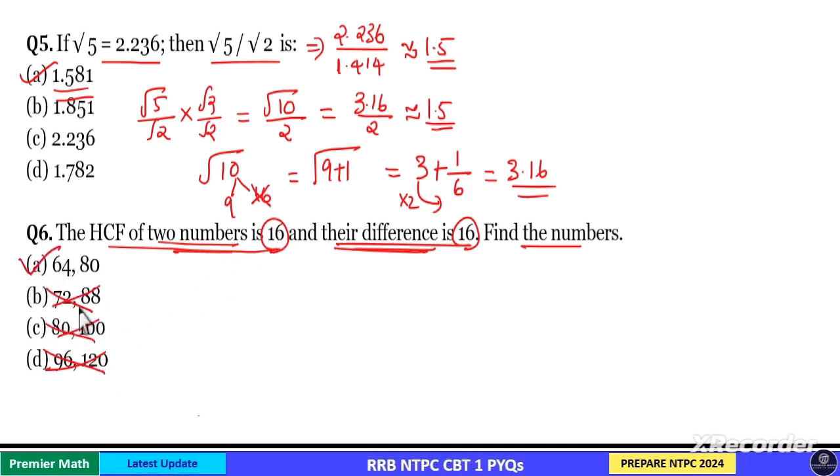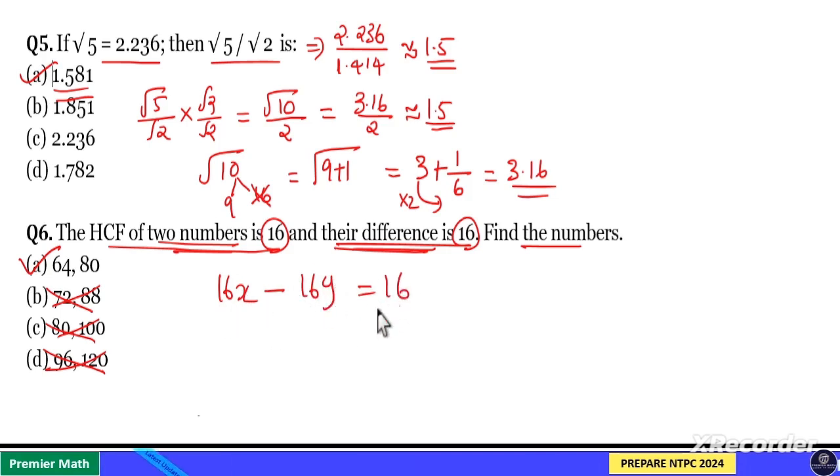Now, if the options are not given, there is another way to find the solution. Here HCF of two numbers is 16 means one number is 16x and the other number is 16y. Now the difference between these two numbers is also 16. That is 16x minus 16y is 16, which means x minus y is 1.